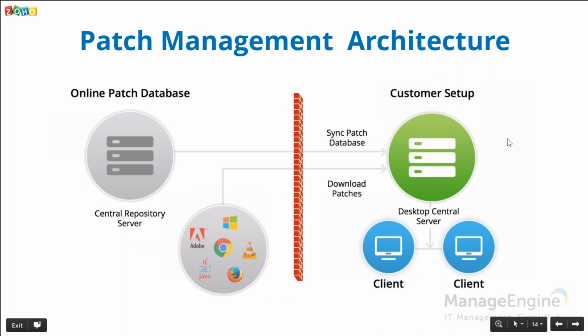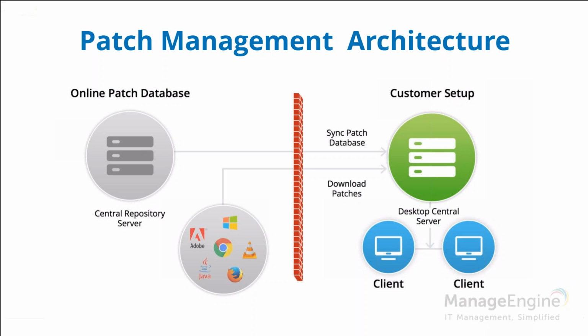Next, I'd like to talk here is on the patch management architecture. So what happens in the patch management workflow in the back end? You'll have a Desktop Central server running in your local network, and we maintain an online patch database, which we call Patch Vulnerability DB.